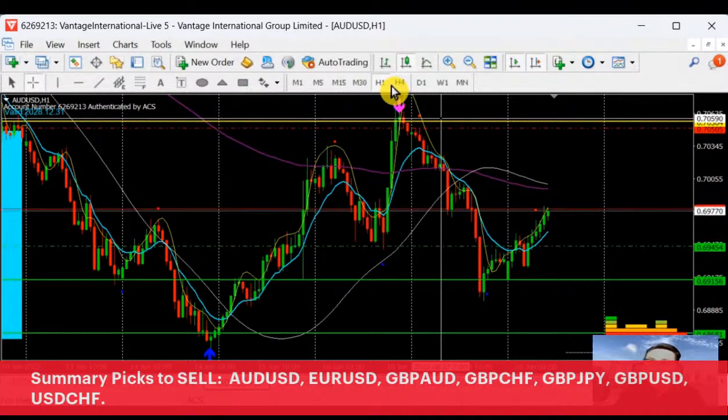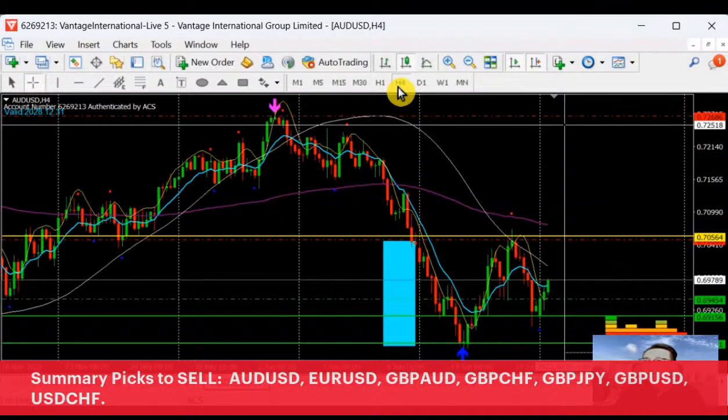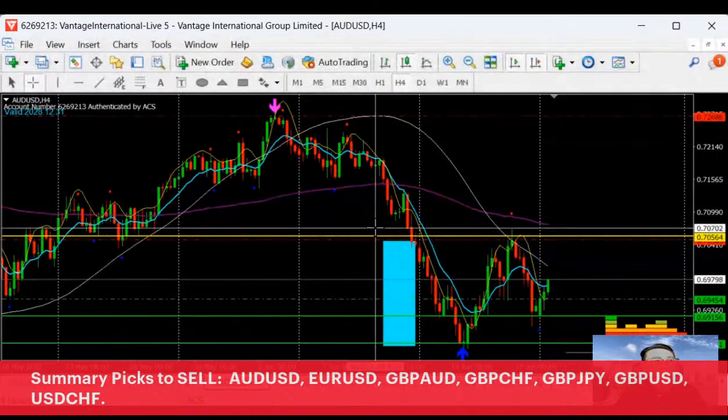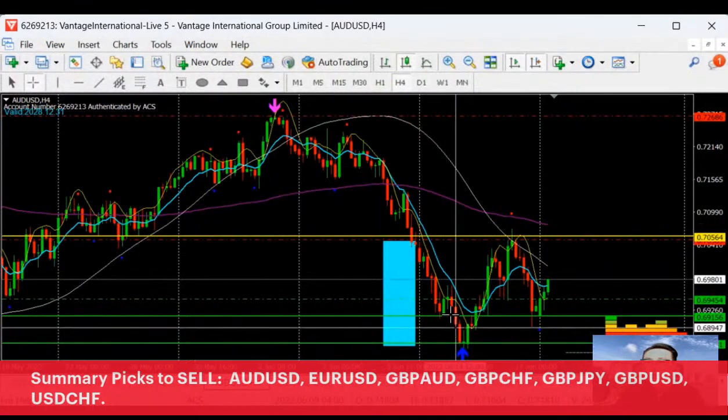So I guess this is not the right time. Will there be any chance that it's going to sell? Tentatively no. Aussie dollar no way for now. Just hang on and wait for it.